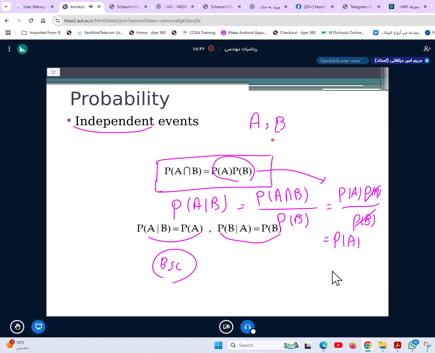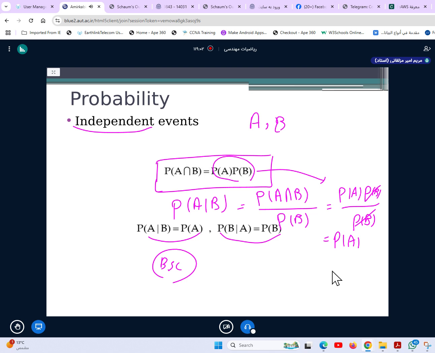We defined two independent events by this formula, and we use this formula to obtain these two new equations. Okay, any question?